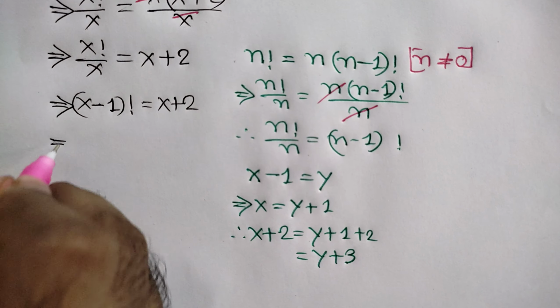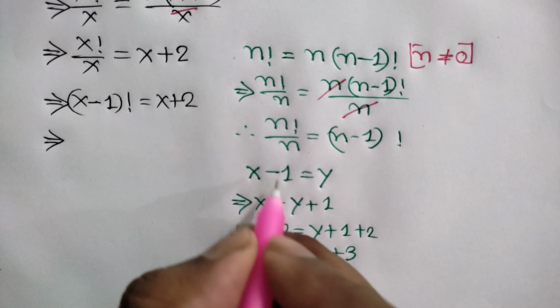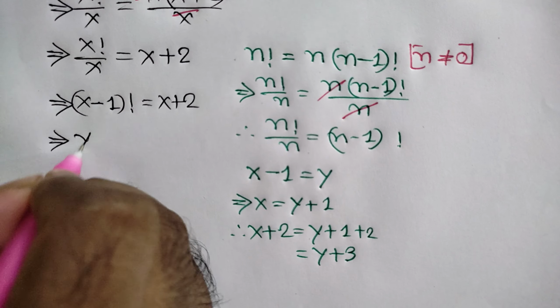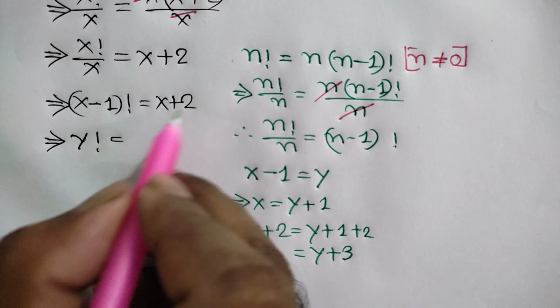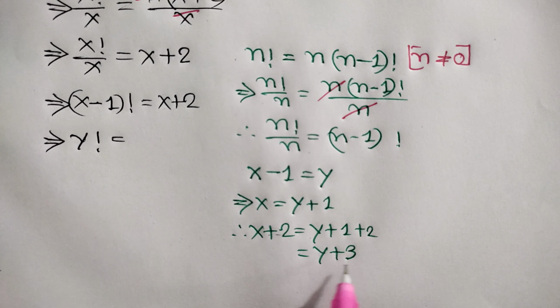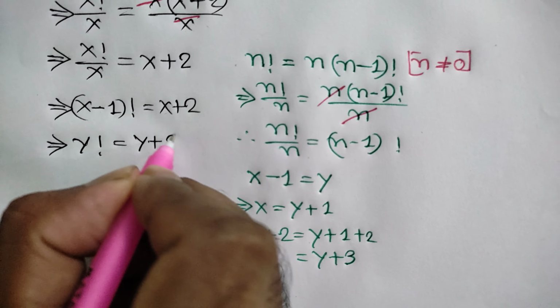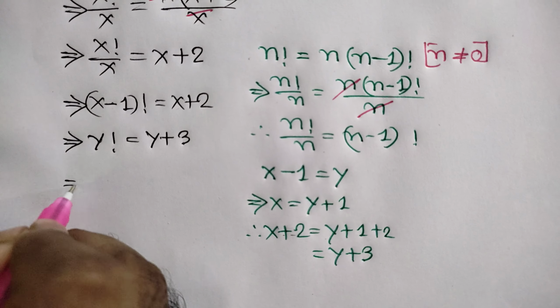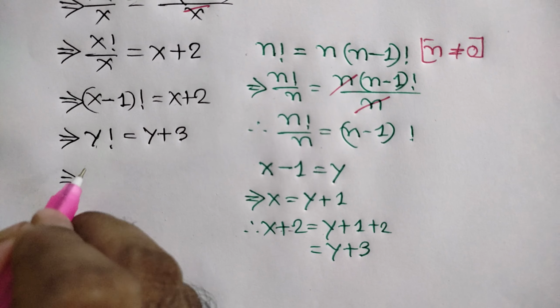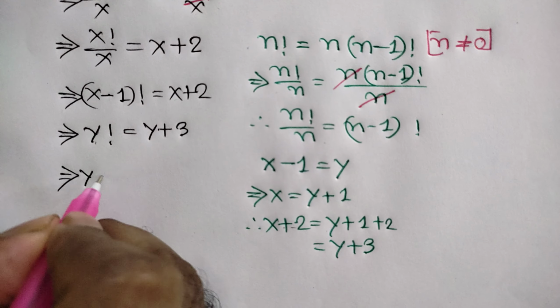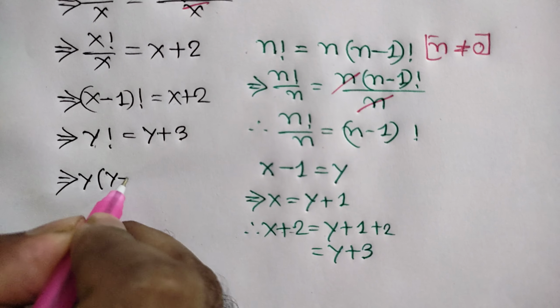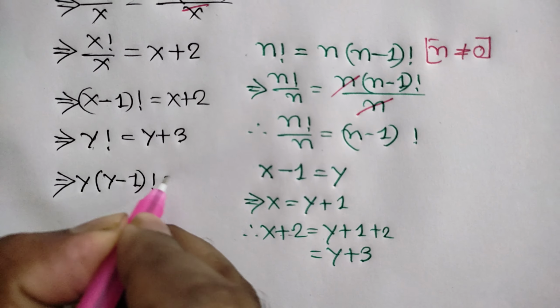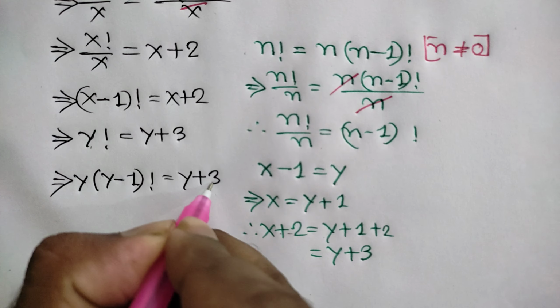Now we can write x minus 1 is equal to y, so y factorial is equal to x plus 2 is equal to y plus 3. Or y factorial can be written as y times y minus 1 factorial is equal to y plus 3.